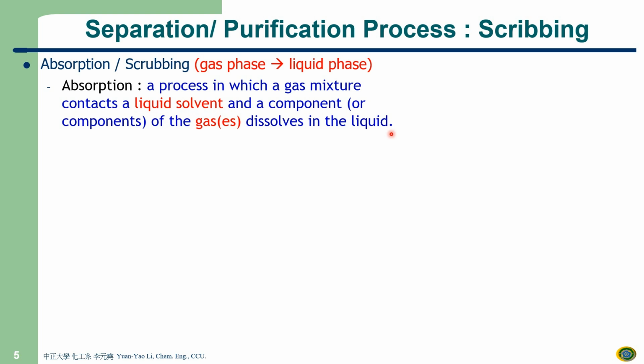So you have something in the gas phase, and you don't want it in the gas phase. You want to remove it from the gas phase. So you use the absorption process.